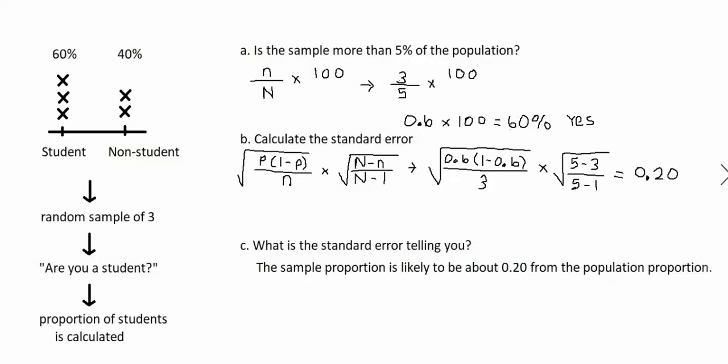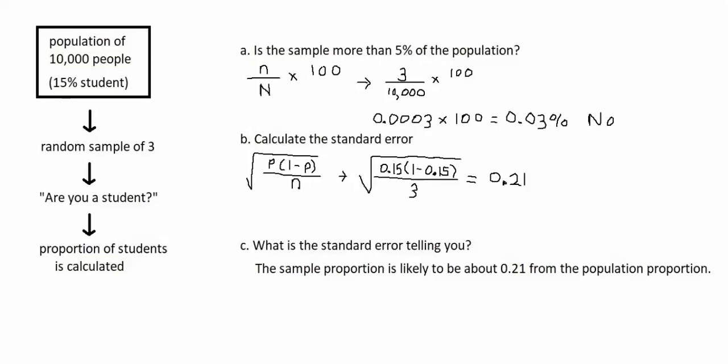Okay, now let's move ahead to our last example. Here we have another example involving proportions. So here we have a population of 10,000 people, and we're imagining that this population is 15% student. And for some reason, a person is taking a random sample of 3 people and asking each person, "Are you a student?" and recording their 3 answers, and then calculating the proportion of students within the sample.